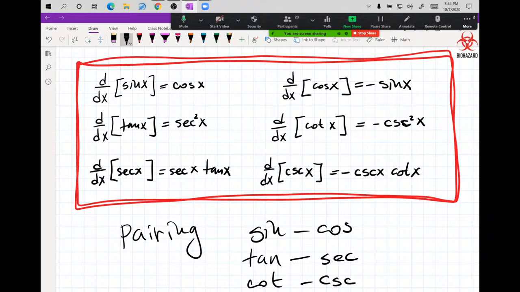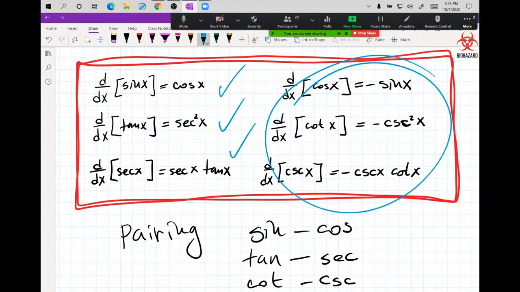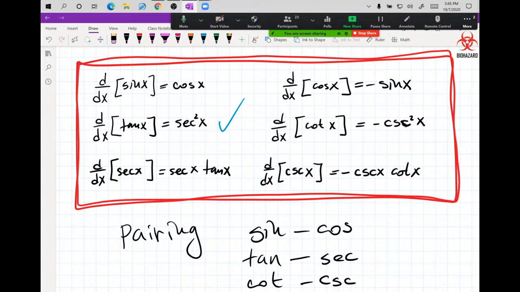And all of the cos, cosine, cotangent, cosecant, so all of the cos are negative, where the other ones are positive. So it's sufficient to remember these three, and these are immediately by symmetry given because they look absolutely the same.